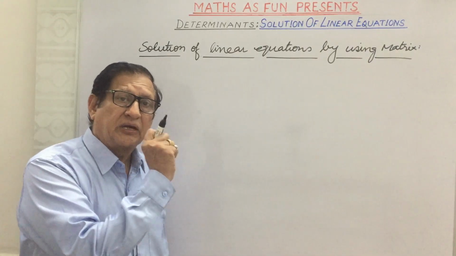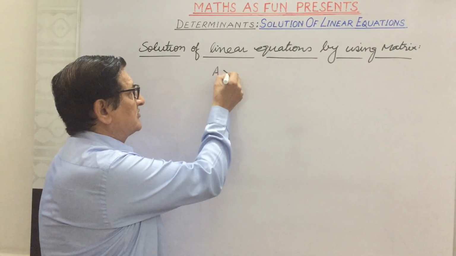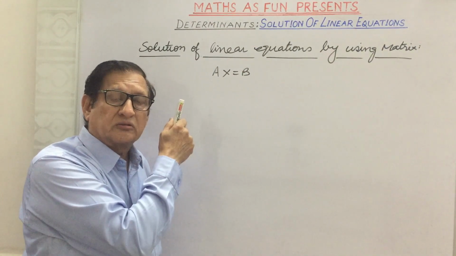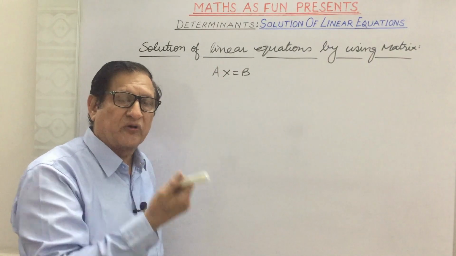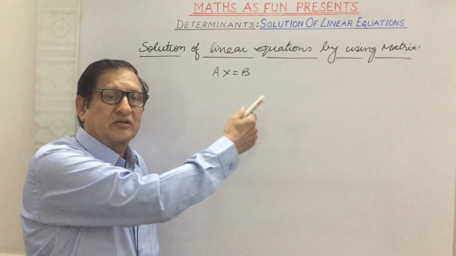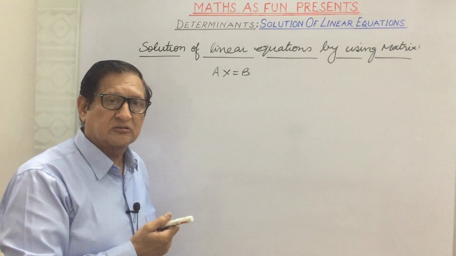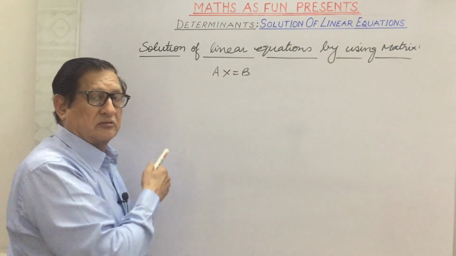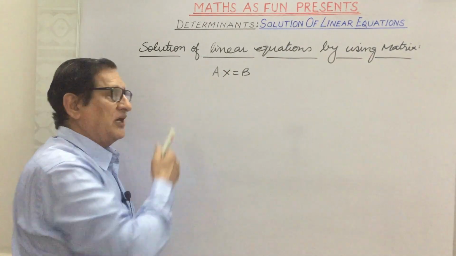See, after getting the matrix equation AX is equal to B, when we want to find out the solution of the system of linear equations, means we have to find out the values of the variables which satisfy the given system of equations. So here we have to find the value of X. We have to eliminate this A from here.